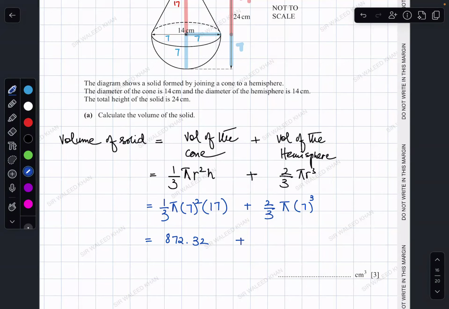Now, you can take as many decimal places during the working, 3, 4, right? Any. And the last answer you can write a rounded value, right? So you can write it like this. You can write it as 1591. That's your choice.